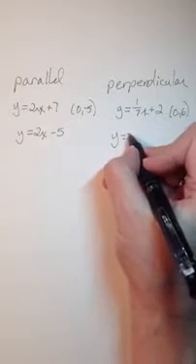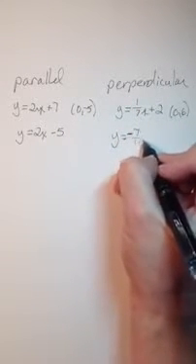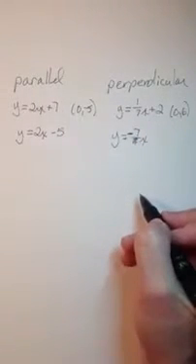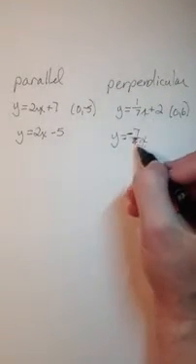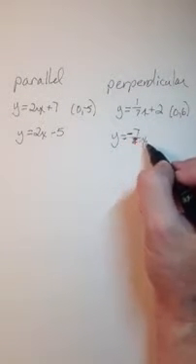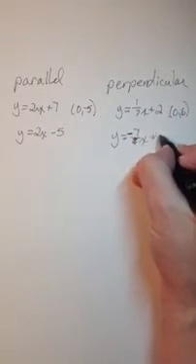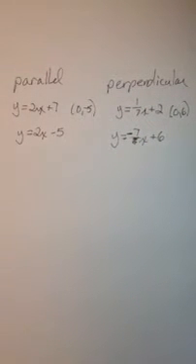It was positive, I make it negative. It was 1/7, I make it 7/1. And then I cross out that 7/1 because I don't need it. 7/1 is the same thing as 7. So y equals -7x, opposite reciprocal when it's perpendicular, plus 6. And that is, depending on how you count it, 4 or 5 different ways to name that function.